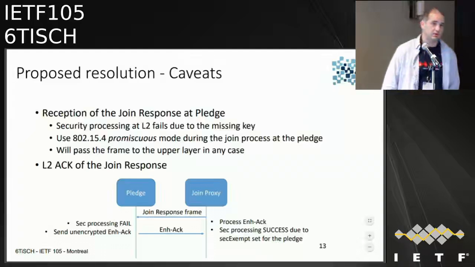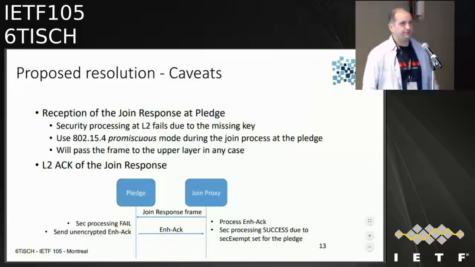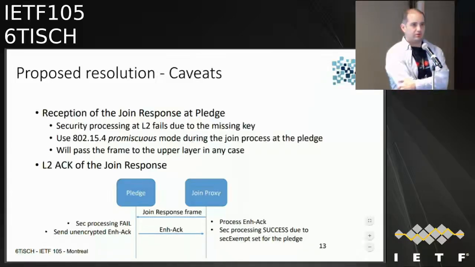And it also is a problem that we want to tie this authentication to the layer 2 ASN. Yes. And the problem with ASN is that when your joining proxy or joining node is sending the frame, they have no idea what the ASN is going to be. Because they create the frame, they send it out.